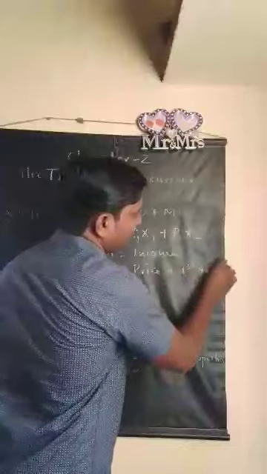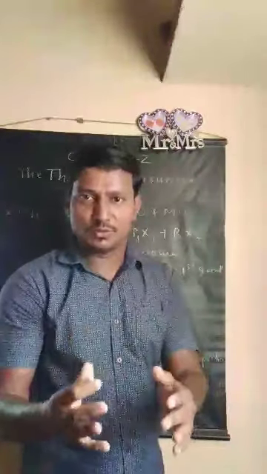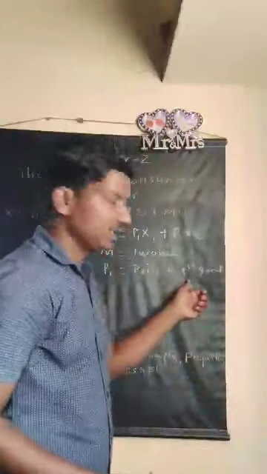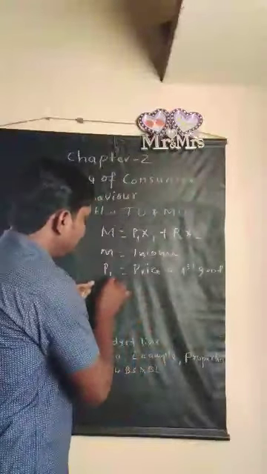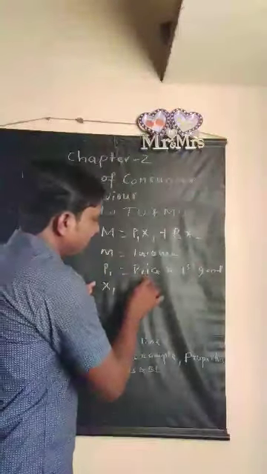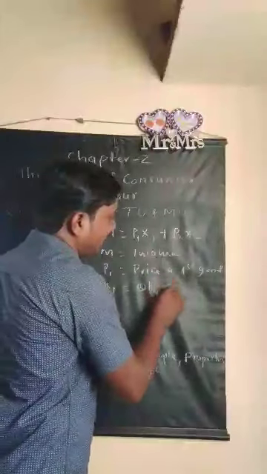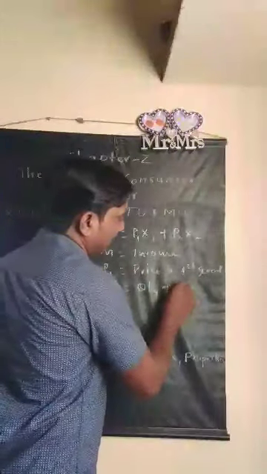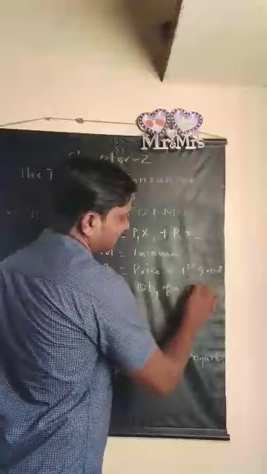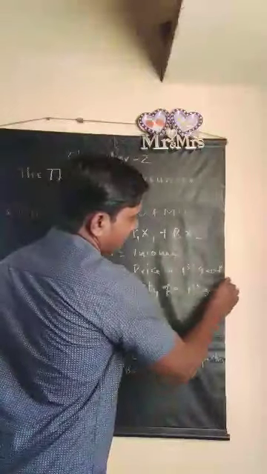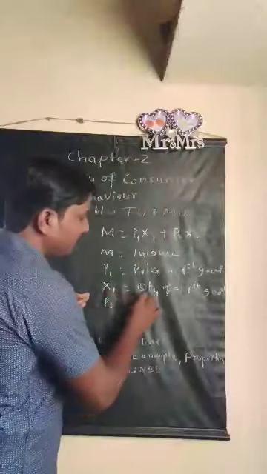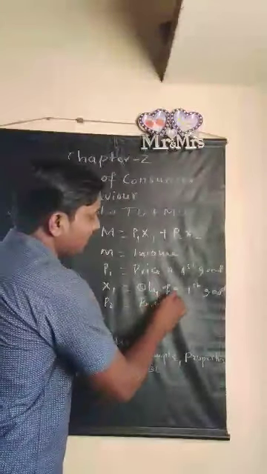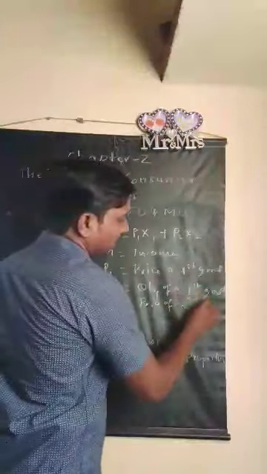We are taking two goods here. For example, if we take two goods of different combinations, then we take their prices. P1 means the price of the first good. X1 is the quantity of the first good. P2 is the price of the second good.